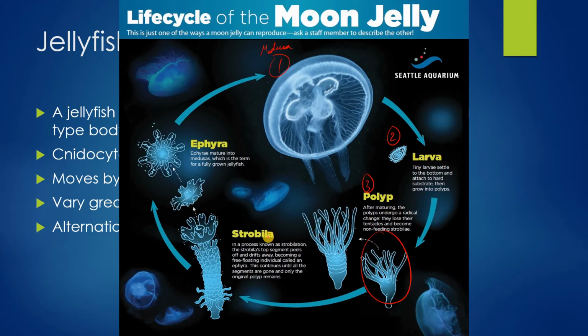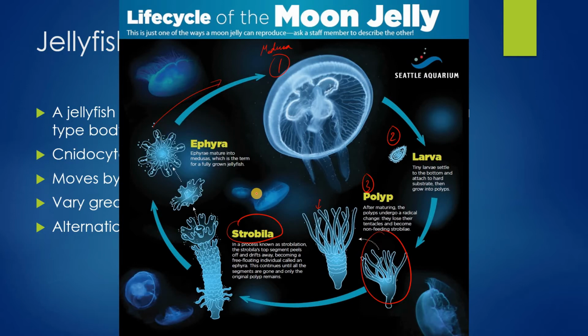Then they start to go through all of their forms. Eventually, again, still stinging cells. These are still cnidocytes. You don't want to touch those. And then, of course, eventually it starts to grow and bud. So you've got the strobila, and it starts to strobilate, and then it eventually will form this kind of juvenile medusa. And over time, this thing will eventually become step one again.